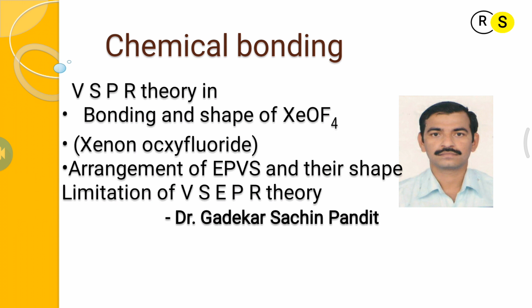Sp3 means 4 electron pairs are present, that is tetrahedral geometry. Three oxygen atoms are present, it means three bond pairs are present and form a trigonal pyramidal shape. That is, xenon trioxide has tetrahedral geometry and trigonal pyramidal shape.